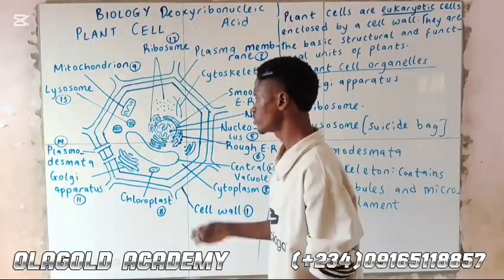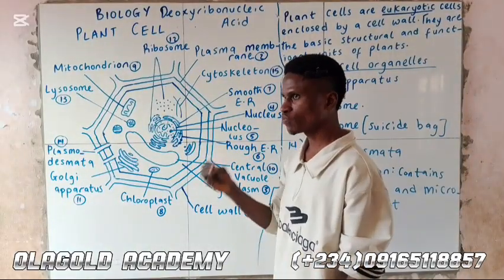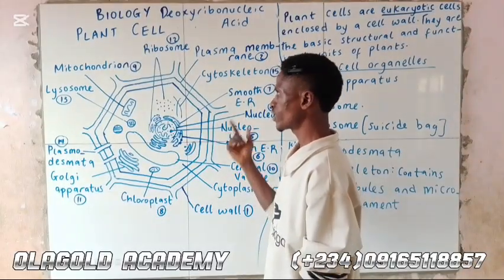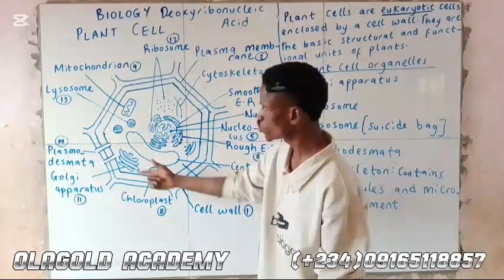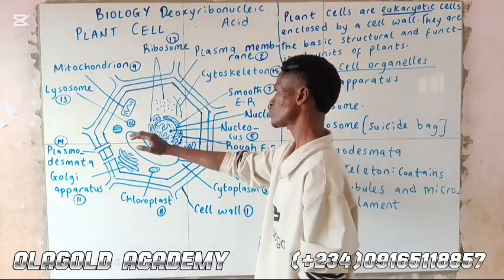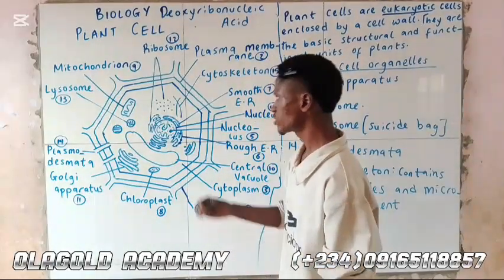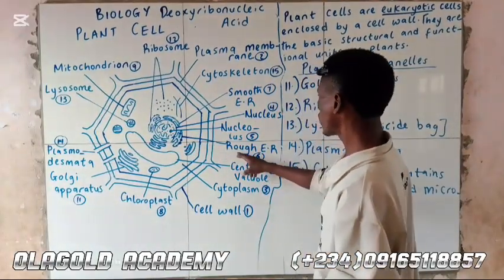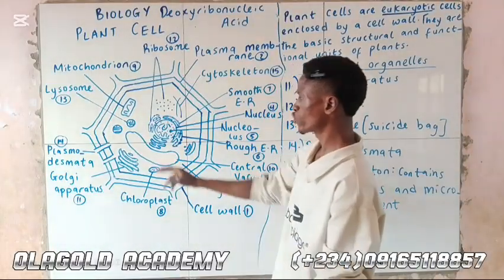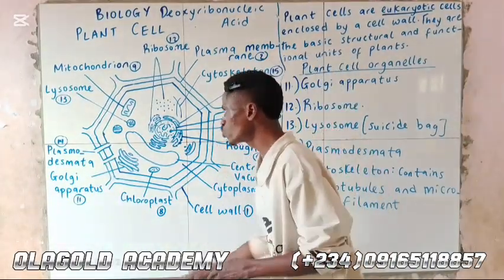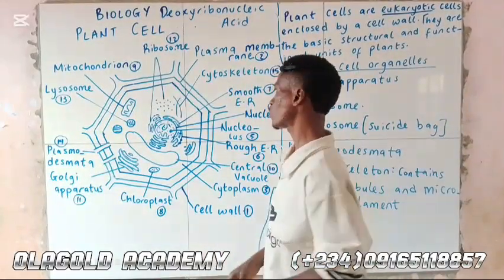And some of the proteins produced are being used by some organelles in the cell also, for example the lysosome. So this lysosome also uses some proteins that the rough ER and ribosome produce, while most of the protein they produce are being used outside the cell.